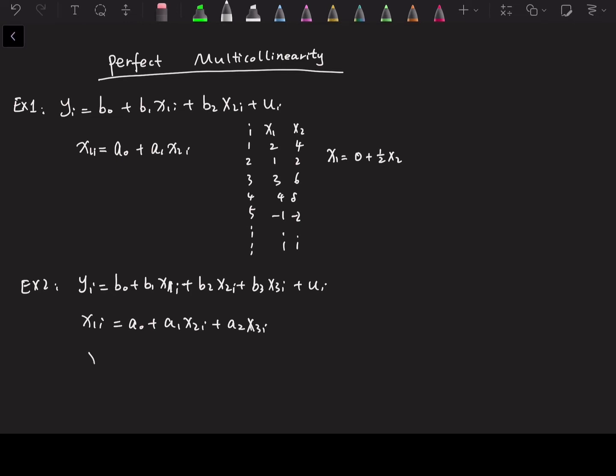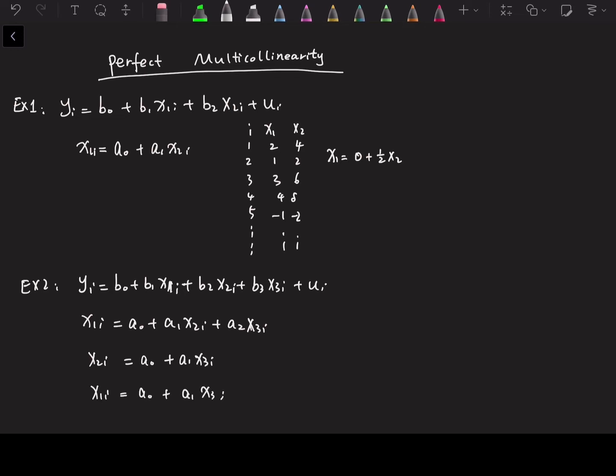Or x2 is a linear function of x3. Let me just use a0, a1 to indicate the intercept and the slope, the constant parameters: a0 plus a1 times x3. Or x1 equals a0 plus a1 times x3.